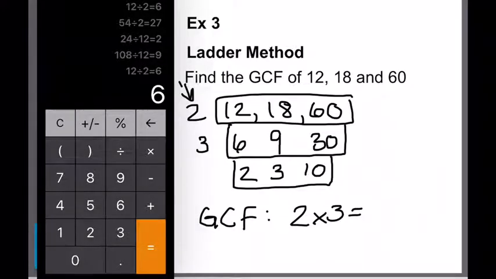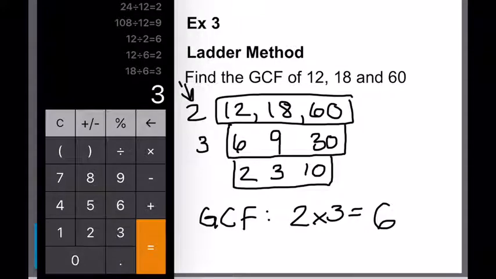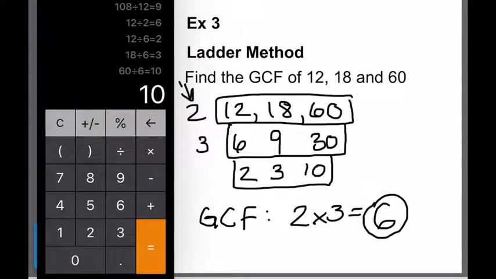The GCF of 12, 18, and 60 is 6. We can divide all three numbers by 6 to make sure that they are factors. 18 divided by 6 is 3, and 60 divided by 6 is 10. So 12, 18, and 60 all have a factor of 6, and 6 is the GCF.